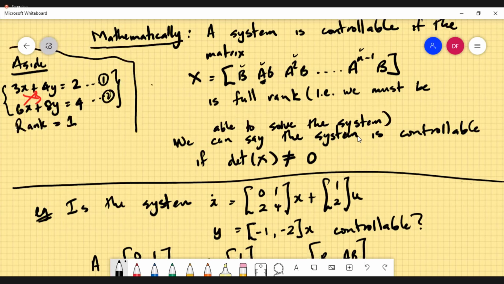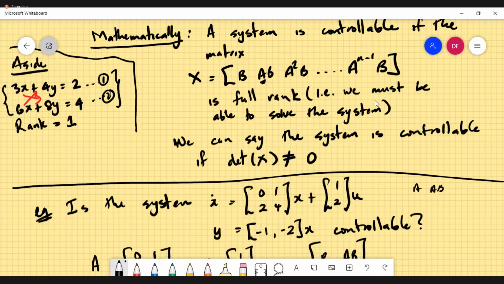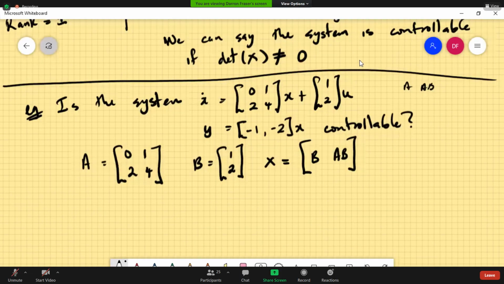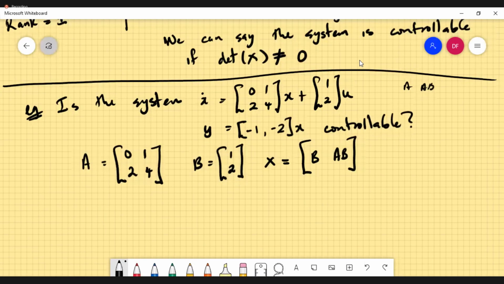All right. So our X is equal to B and then AB. I'm doing it by hand. So this is [1; 2], and then [0, 1; 2, 4] times [1; 2].